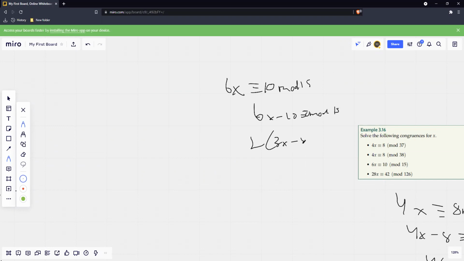And this time, 2 and 15 are coprime. So this again doesn't matter when we're trying to solve. So we need 3x minus 5 is congruent to 0 modulo 15. We are finding a solution for that. 3x congruent to 5 mod 15.